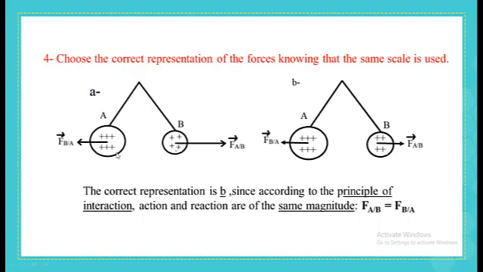Don't be tricked by the big size of A. You may assume that A is exerting a bigger or stronger force, so the vector should be longer. This is false. And the right figure is figure B.